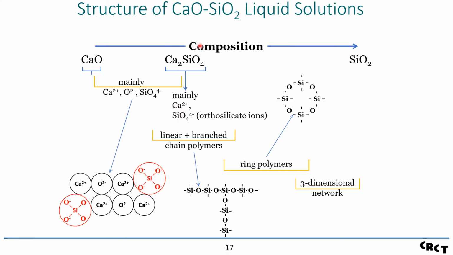Then as you add more silica, you start to get linear and branched chain polymers, then ring polymers, and you eventually end up with a three-dimensional network in pure silica. Clearly, this is a very complicated solution. To try to model all features of this solution gives something that is mathematically very intractable if you ever want to create a database.